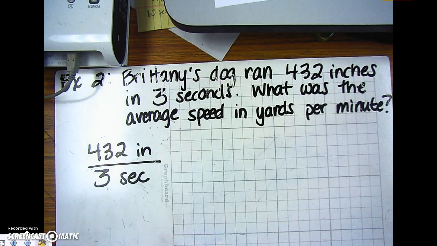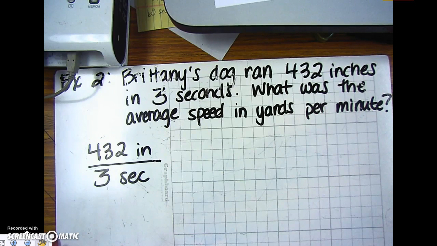The next example says, Brittany's dog ran 432 inches in 3 seconds. What was the average speed in yards per minute? First, we have to write down our units and what we're converting them to.